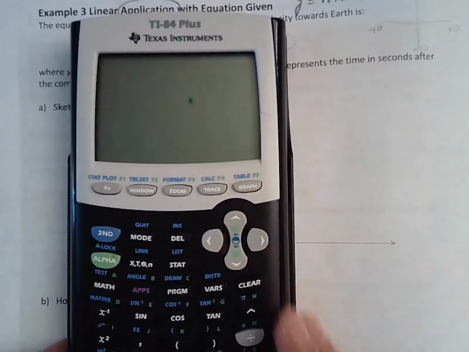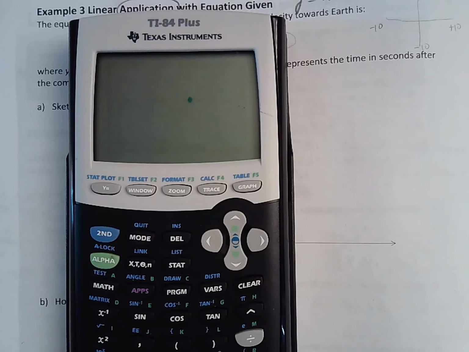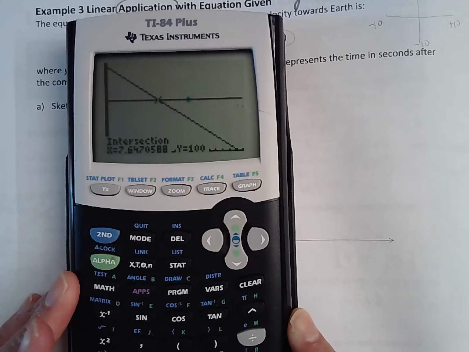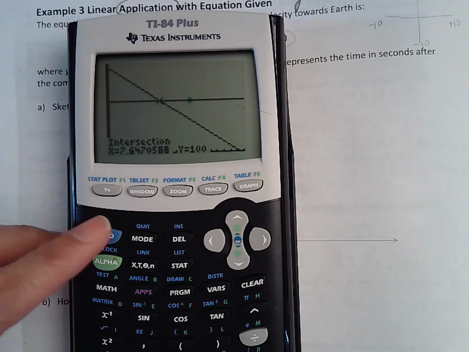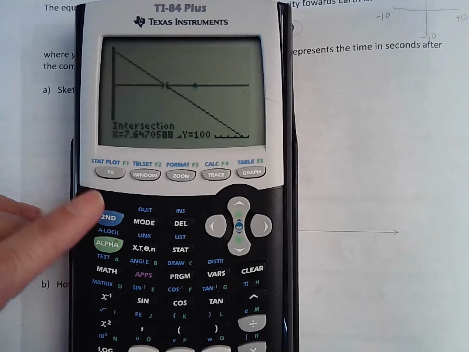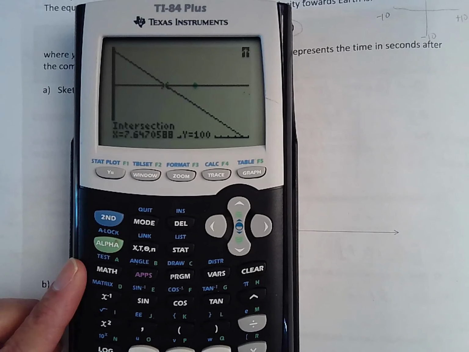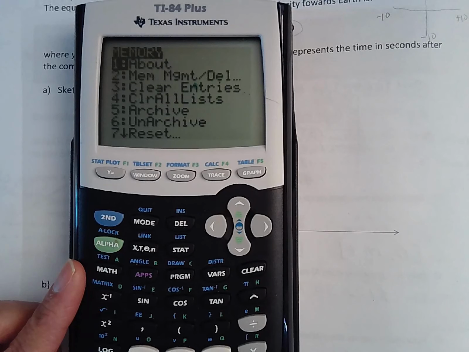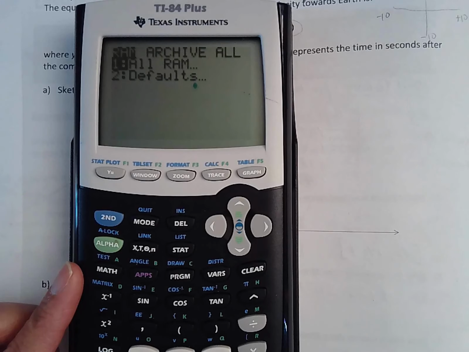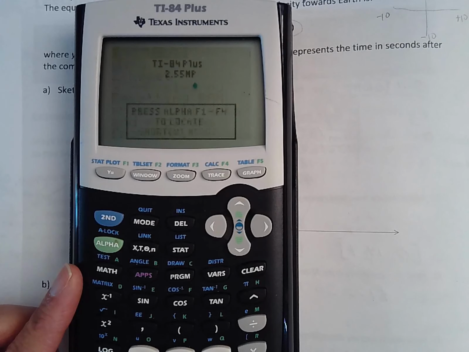Let's reset our calculator first because we have so much stuff on this. Do you remember how to reset? Second, plus, 7, 1, and then 2. Yeah.